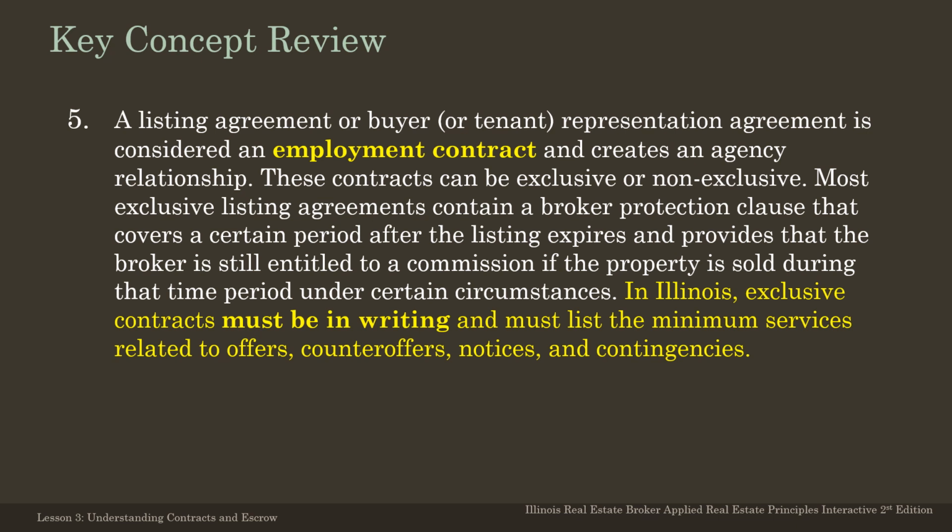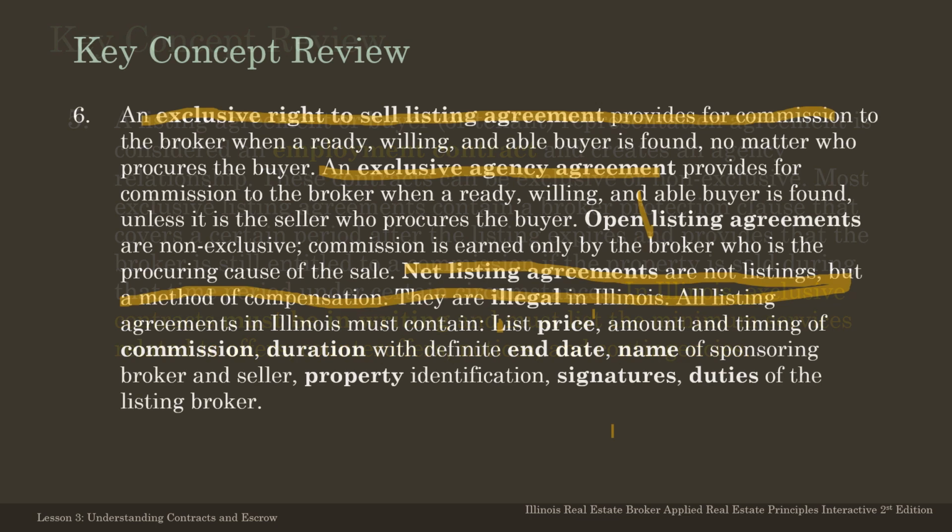If you were to sue somebody because they said, I'll pay you a commission if you find me a buyer, and you find a buyer and then they turn around and sell directly to that buyer, you'd have no standing. Open listings are simply not recognized as real listings. So exclusive agency, exclusive right to sell must be in writing.